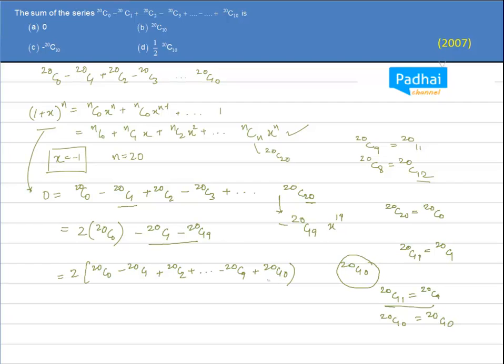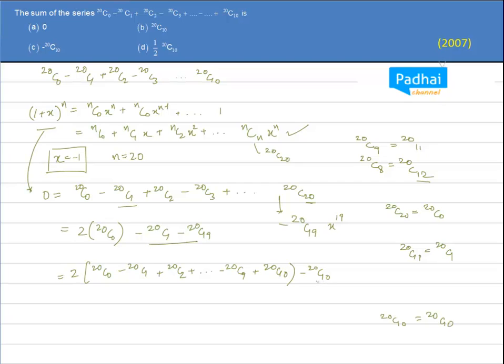So if I had 2 times 20C10 over here, I would have to subtract one 20C10 as well. Initially I was having only one 20C10 in the question, so if I'm adding one more, I'll have to subtract one more to make the equation balance out.